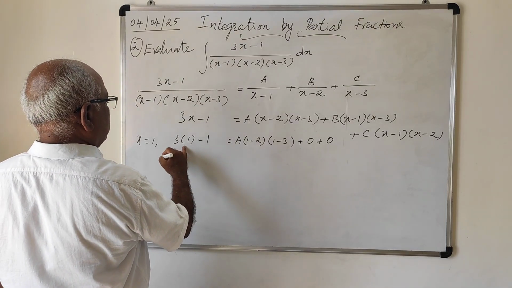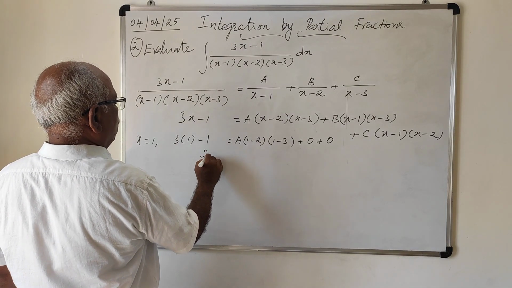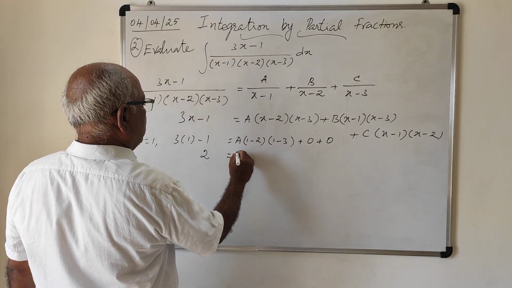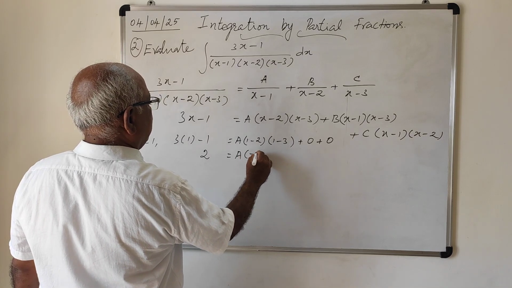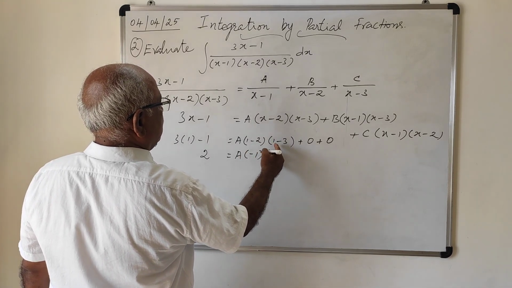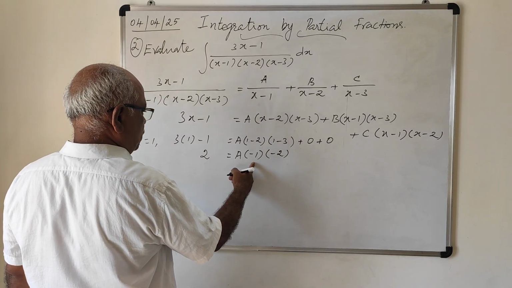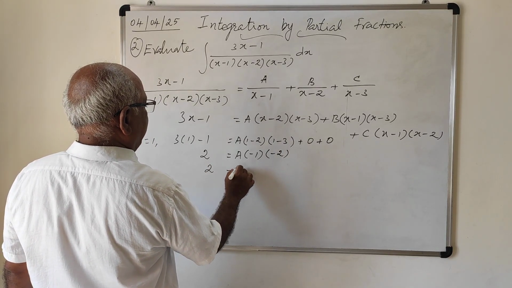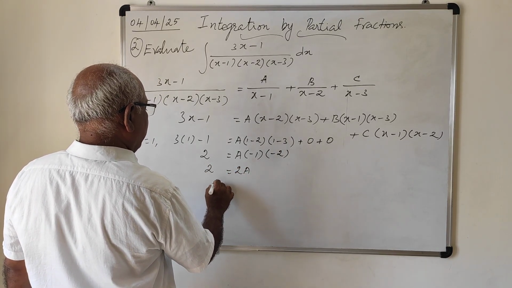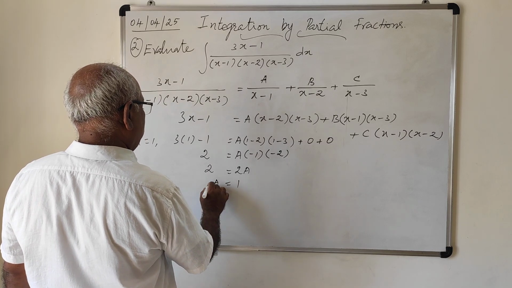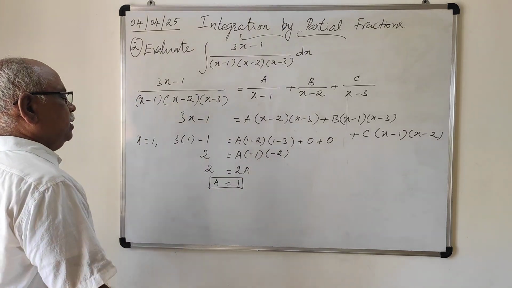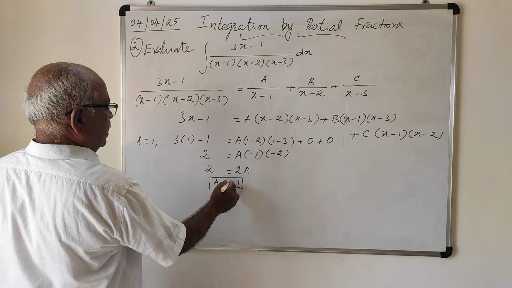Therefore, 3 into 1 minus 1 is 2, so 2 equal to a into 1 minus 2, which is minus 1, into 1 minus 3, which is minus 2. So minus 1 into minus 2 is plus 2, so 2 equal to 2a, which implies a equal to 1. From this, a equal to 1. Okay?